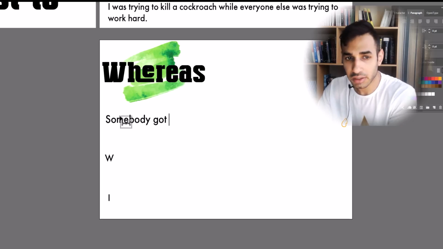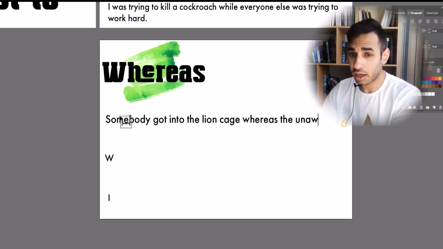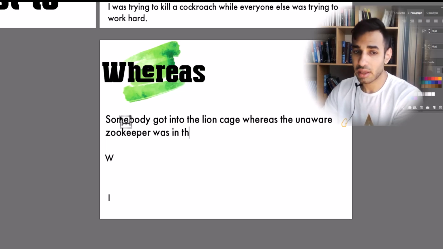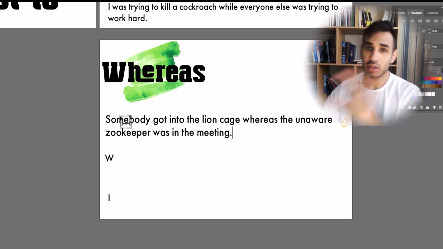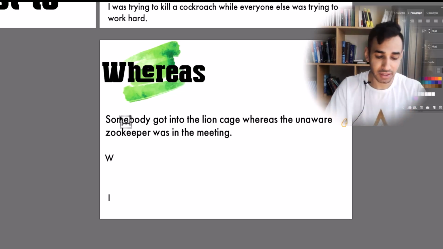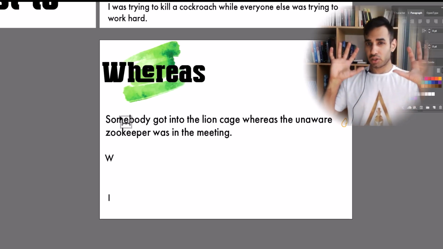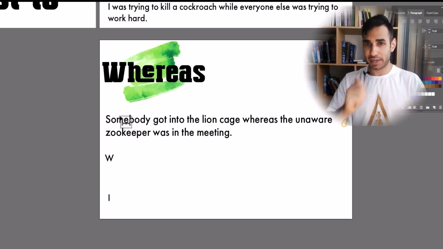Somebody got into the lion cage, whereas the unaware zookeeper was in a meeting. Two different actions happening at the same time, two different behaviors. We are highlighting a difference between two actions, two different happenings at the same time.